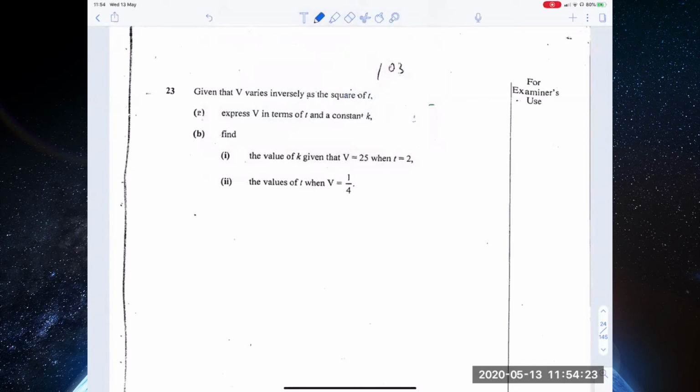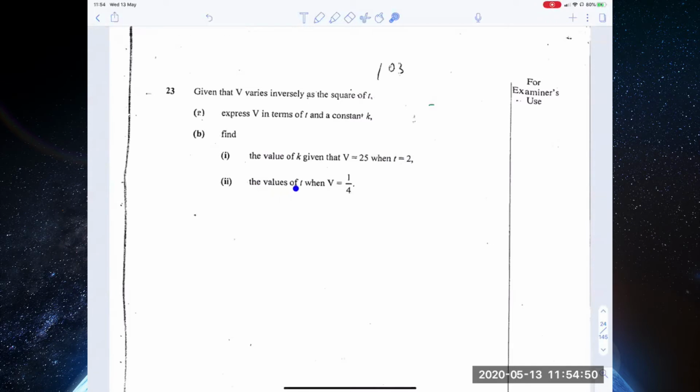Okay, now how to do this one. Yeah, this one is variation. So it says: given that V varies inversely as the square of t, express V in terms of t and a constant k. And then B, find the value of k given that V equals 25 when t equals 2.